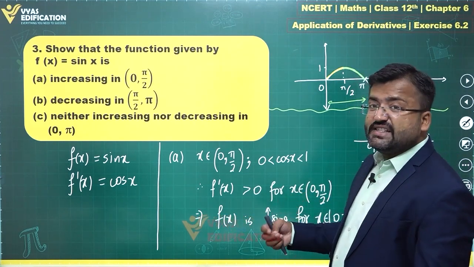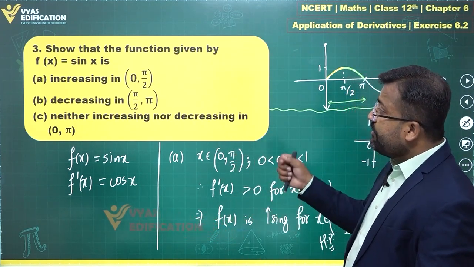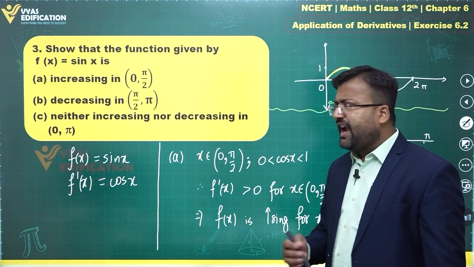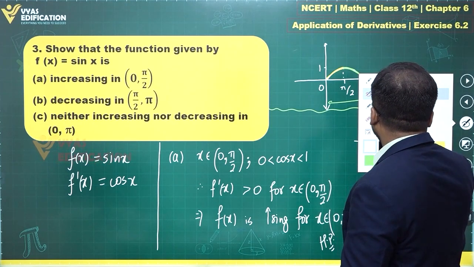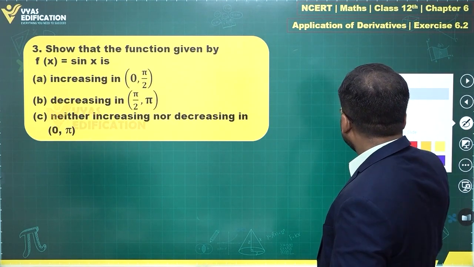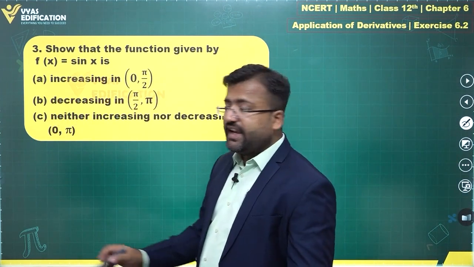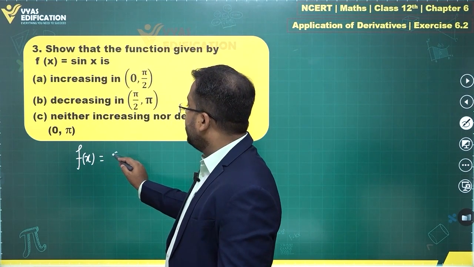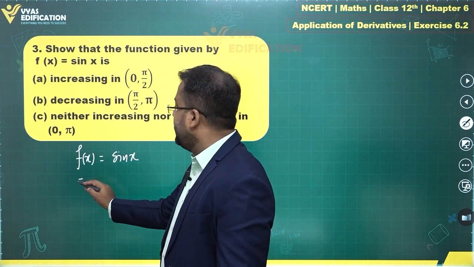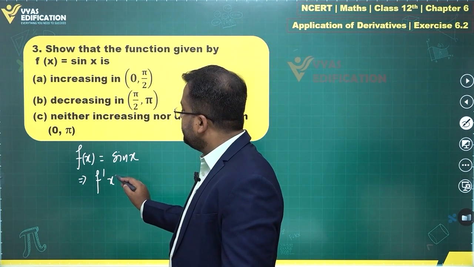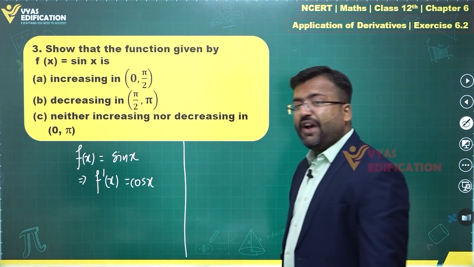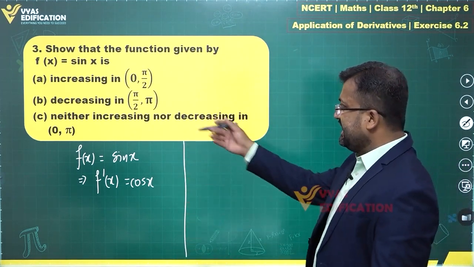Now let's talk about the second part, part B. Part B says that the function is decreasing in (pi by 2, pi). How will we handle that? Let's take a look at the second part. Once again, the function f(x) is sin x, and so the derivative of this function will be simply cos x. Okay, and what about the values of cos x in this interval?